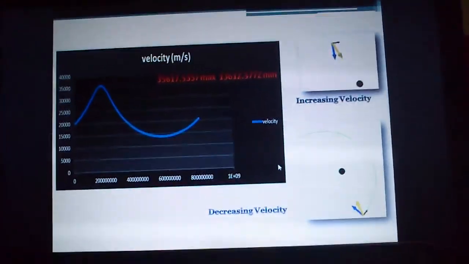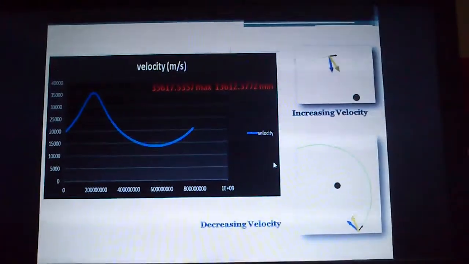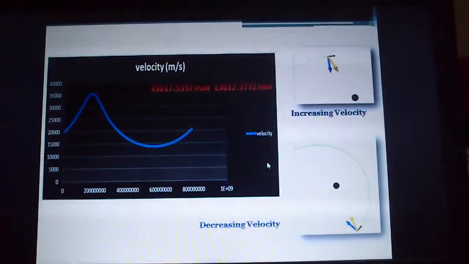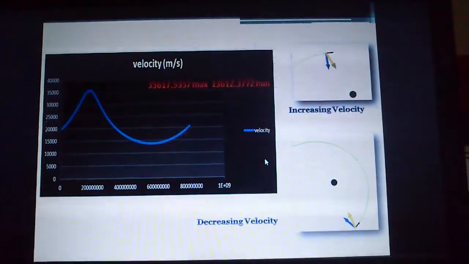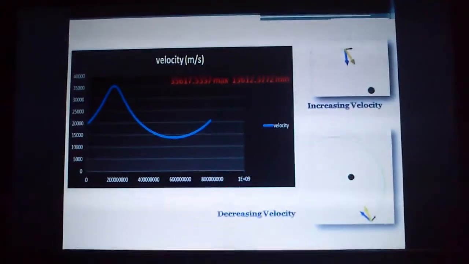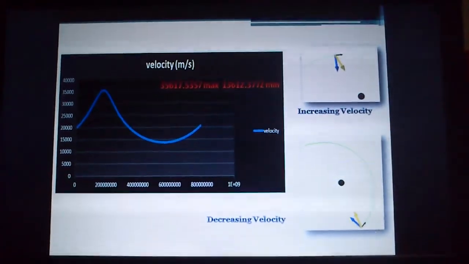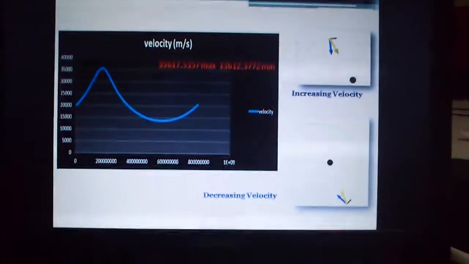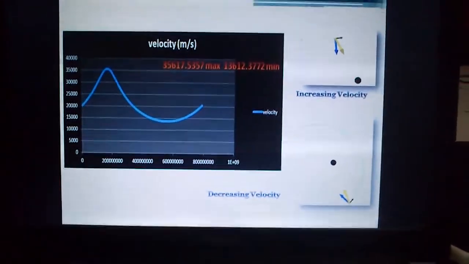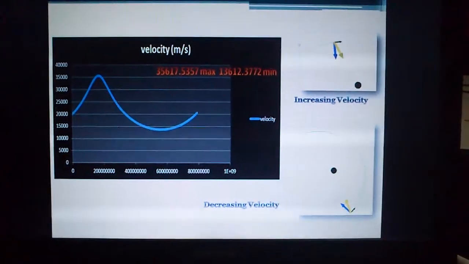From the velocity versus time graph, I obtain the values of the maximum and minimum velocity. The maximum velocity is 35617 meters per second, and the minimum velocity is 13612 meters per second, which is maximum when the parallel momentum is 0 and minimum when the perpendicular momentum is decreasing for the trajectory far from the black hole.